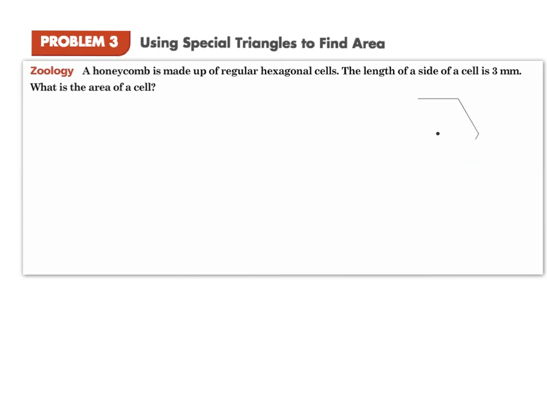Draw a regular hexagon. The length of each side is 3 millimeters. Next, draw the apothem and label it A. Step 1. Find the apothem. Draw the radii.